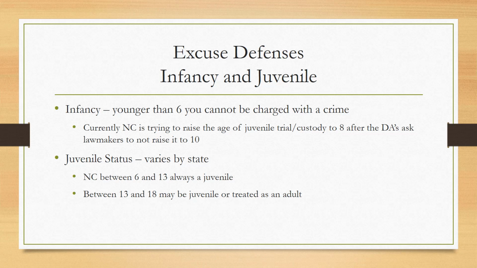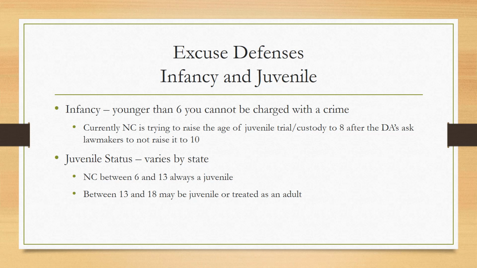Currently in North Carolina, if you are from the day you're born to your 6th birthday, if you're younger than 6, you cannot be charged with any crime. Now, I read in the paper today, which is August 26, 2021, North Carolina is trying to raise that to age 8.